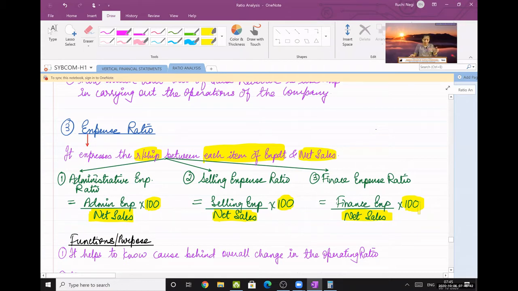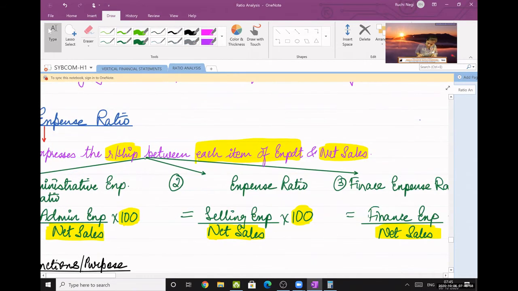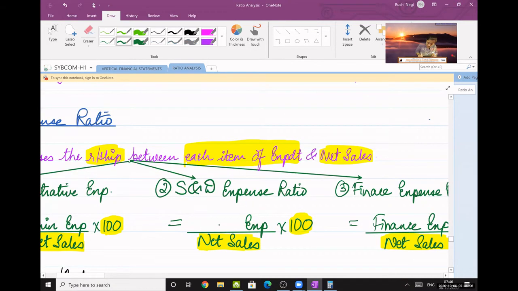If I'm calculating admin expense ratio, I'll take admin expense in the numerator. If I'm calculating selling and distribution expense ratio, I will take selling and distribution expense. You can even make this more specific, students. Instead of selling, you can even write selling and distribution. Obviously, we use that word, selling and distribution.